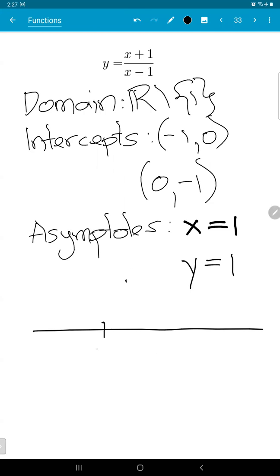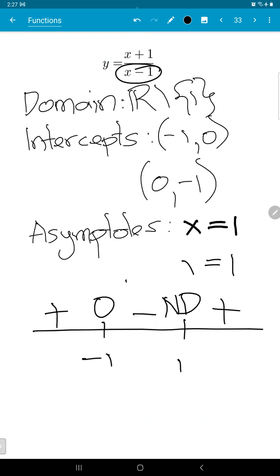So you have -1, 1. And then just test a number. Now don't forget, you have to put a 0 at -1, and an ND at 1, kasi hindi siya defined doon. And with this sign chart, actually, it would now be easy to sketch the graph of this rational function.